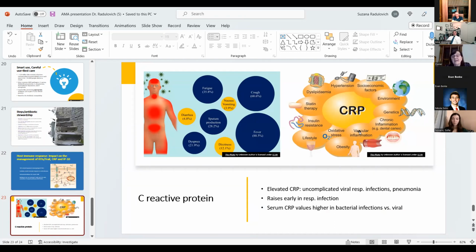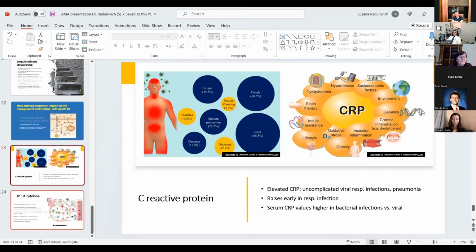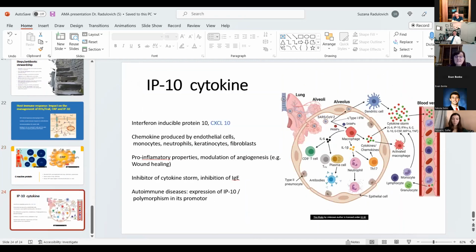We see it in ANA patients, RA patients, with insulin resistance, statin therapy, dyslipidemia, hypertension. What's important is that serum CRP values are higher in bacterial versus viral infection. And then the last one is IP10, a cytokine, a so-called chemokine. It's produced by a variety of cells. You may be familiar with it in the cytokine storm in COVID infection. It's expressed in autoimmune diseases too, and it has pro-inflammatory properties.